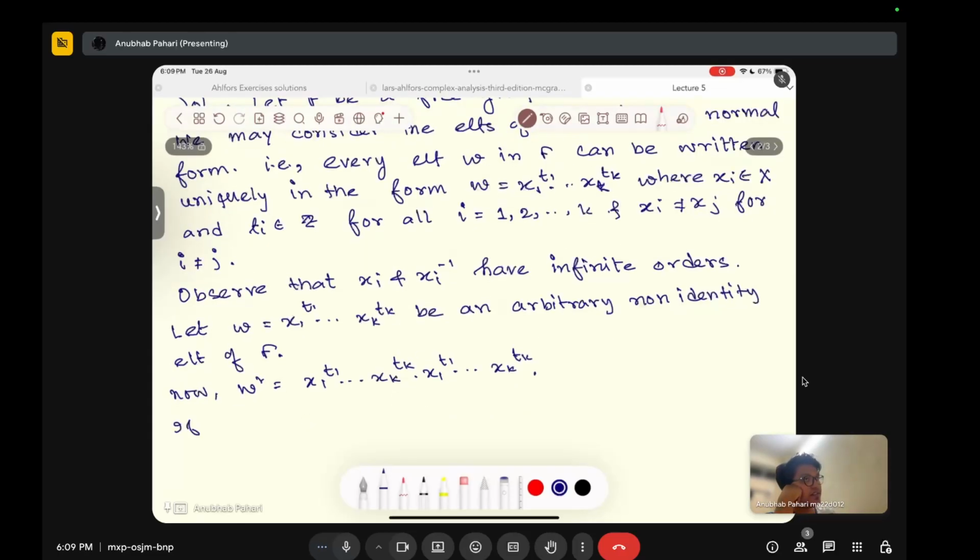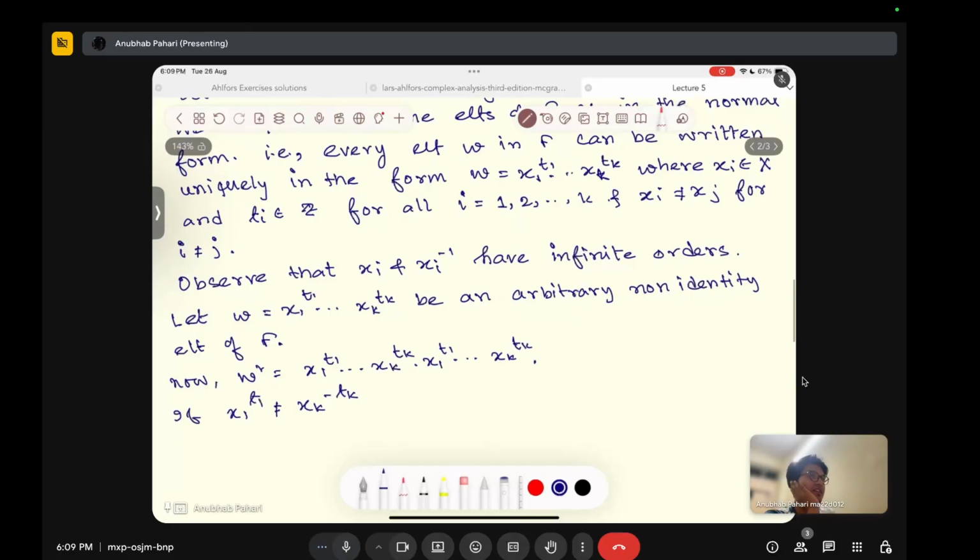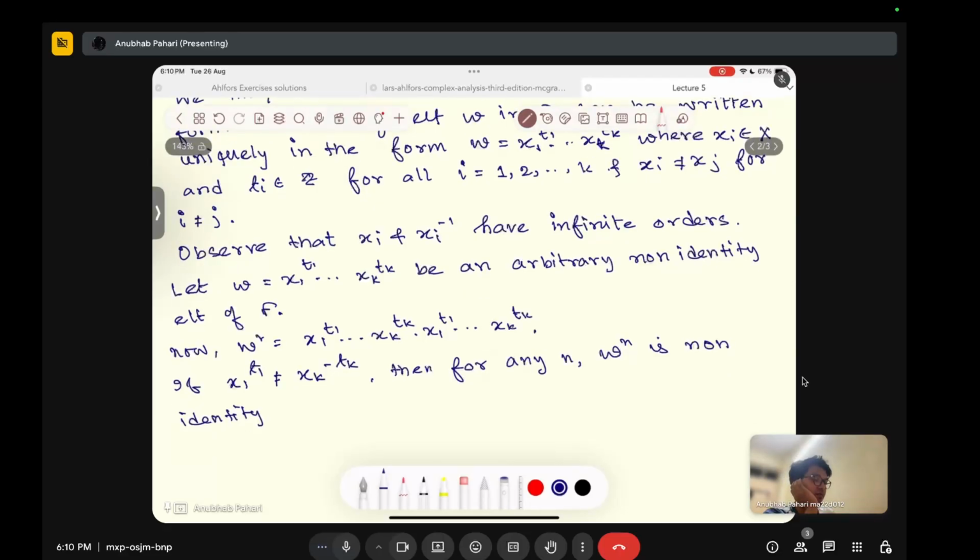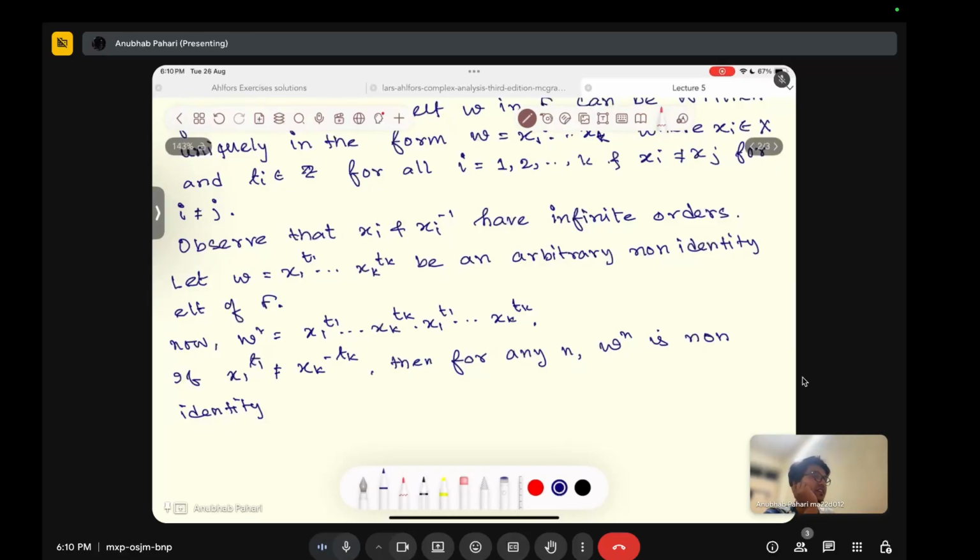Note that if x1 to the power t1 is not equal to xk to the power minus tk, that means x1 to the power t1 is not an inverse of xk to the power tk, then for any n, w to the n is non-identity, because for the first step of concatenation you are stuck, so the question of identity does not come here, and we are done.